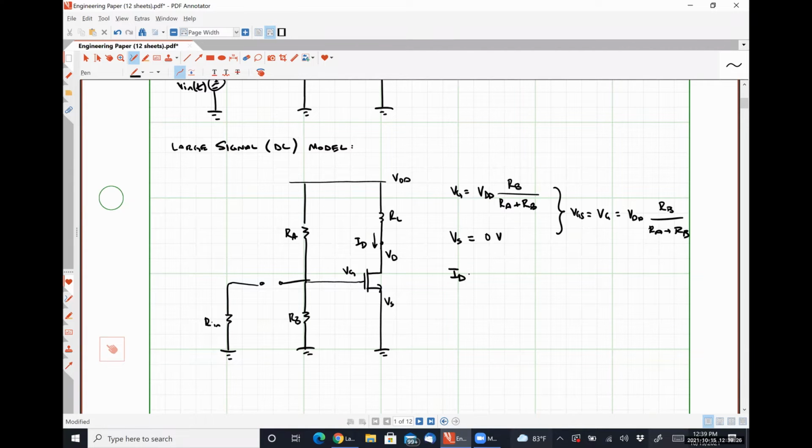We know that our drain current, ID, will be 1/2 mu n Cox W over L, VGS minus VTH, quantity squared, where I'm making an assumption here. What is that assumption?